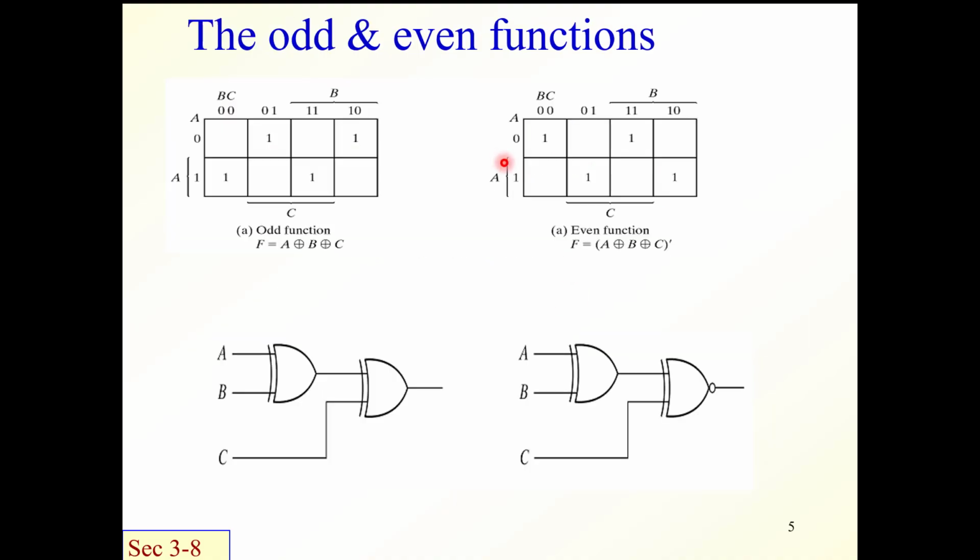So you notice that they are the opposite of each other. This is the odd function. These are the minterms here and here and here and here. While the even function are with the other cells. The one is here instead of this. Okay, here it's 0, while here it's 1. And this is a minterm, and this is a minterm, and this is a minterm.